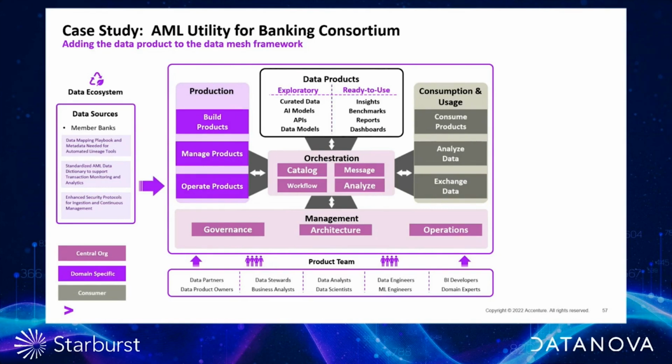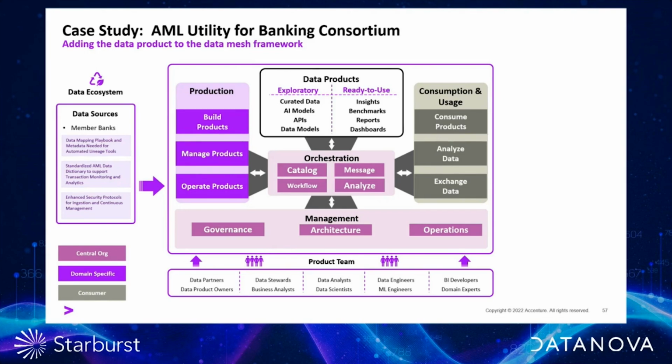In each bank, which had different systems and different schema and different teams, it was really about getting a data mapping playbook, having some of the metadata and automated profiling tools that say, before we can bring this in as raw data to power our data product, we need to make sure it has the right quality. We need to be able to track it from your system into our product creation, right?